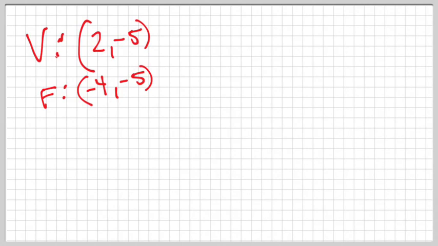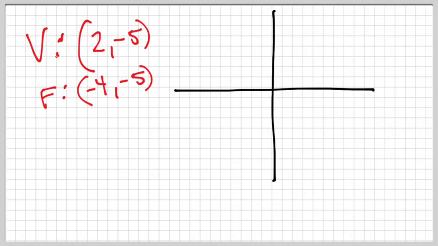So if I were to graph that information, 2, -5 is right there. And then -4, -5, 1, 2, 3, 4. There's the focus right there.